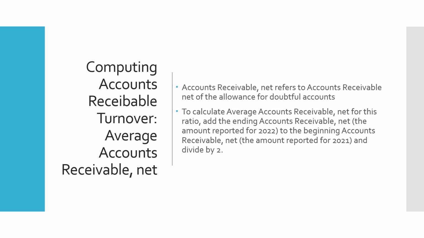To calculate the average accounts receivable, net for this ratio, add the ending accounts receivable, net, which is the amount reported for 2022, to the beginning accounts receivable, net, which is the amount reported for the prior period or 2021. So we're going to add those two numbers together, we're going to divide by 2, and that's going to give us average accounts receivable, net.